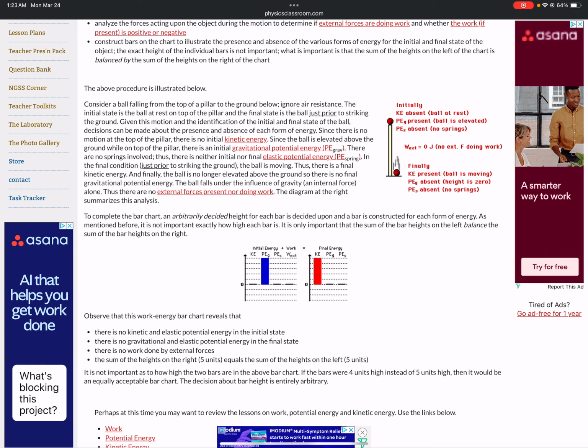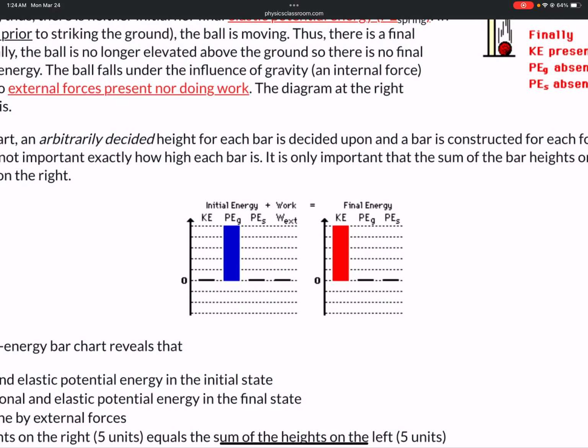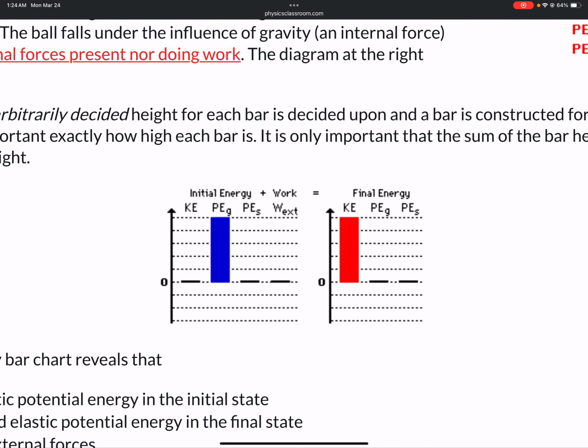So the gravitational potential energy turns into kinetic energy. And something that's important, I want you to note the relative sizes of the bars, right? So here we see that this bar for the gravitational potential energy is 5 units tall, and we should have the same amount of energy at the end, because the law of conservation of energy holds. It's one of the most important laws of all of physics.